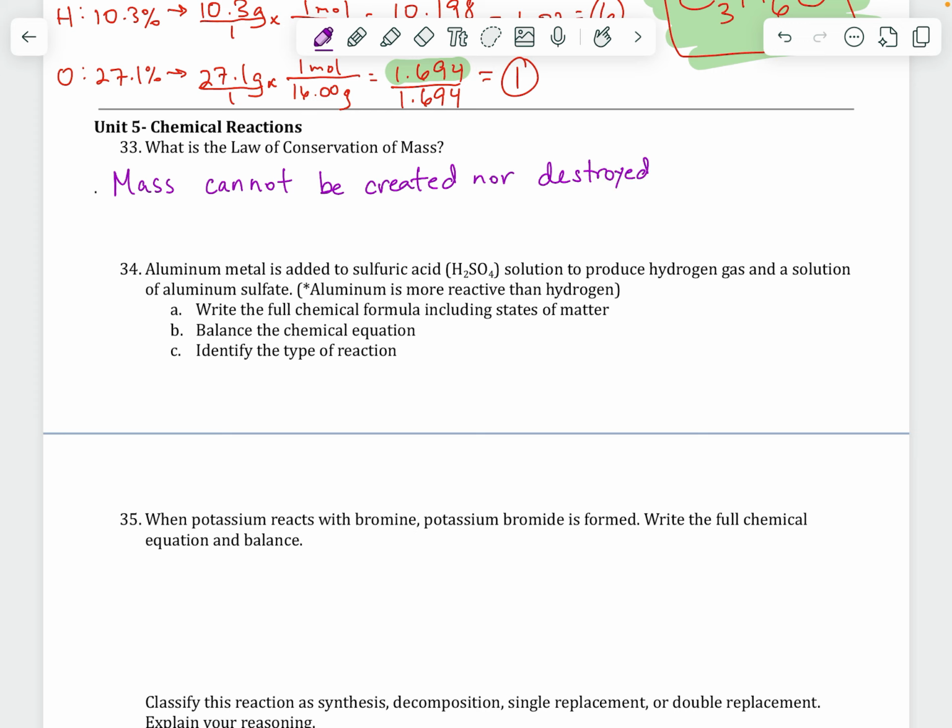It just changes forms, right? It just changes chemical composition, or makeup.